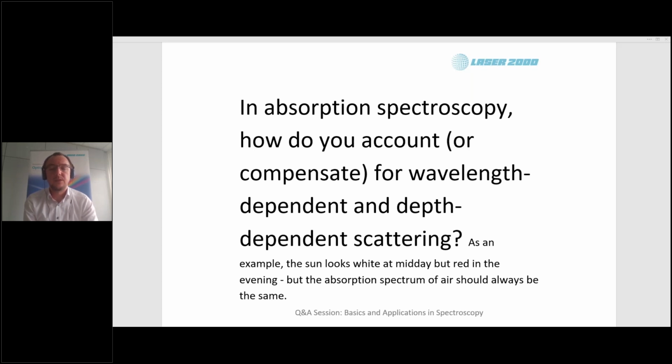But when you go down to the evening, when you have the Earth here, you're pointed here, and the sun comes from here, you will have different ways through the atmosphere. Of course, the absorption spectrum of air should always be the same, but you also have terms of dispersion, as you have different lengths for the light to travel at different angles.